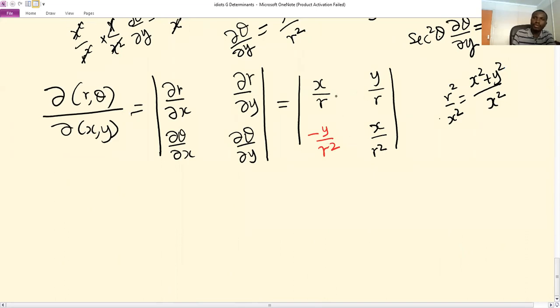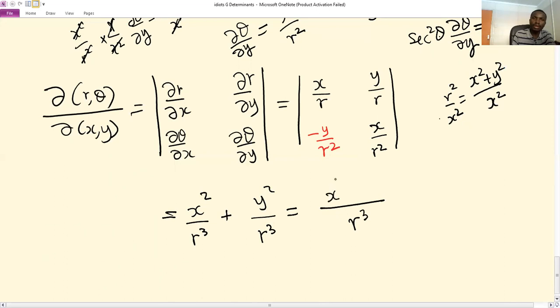So therefore, this is a 2 by 2 determinant, which should be easy to calculate. So we'll have x squared over r power 3 minus, which will be plus, y times y is y squared, r times r squared is r power 3, which is the same as you put under 1 LCM. So this will be x squared plus y squared.